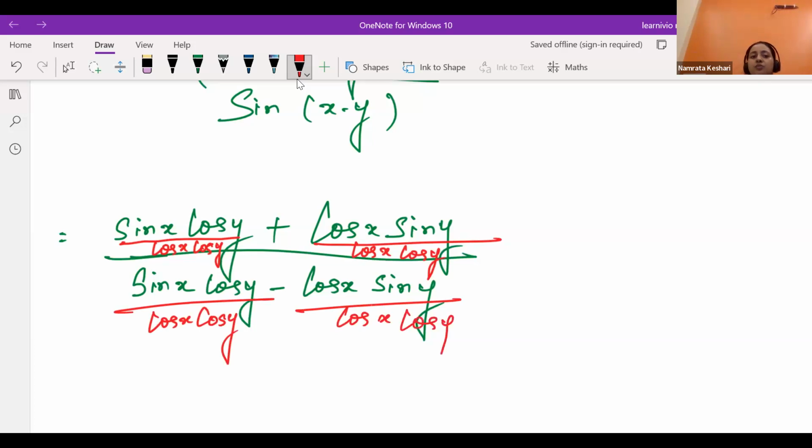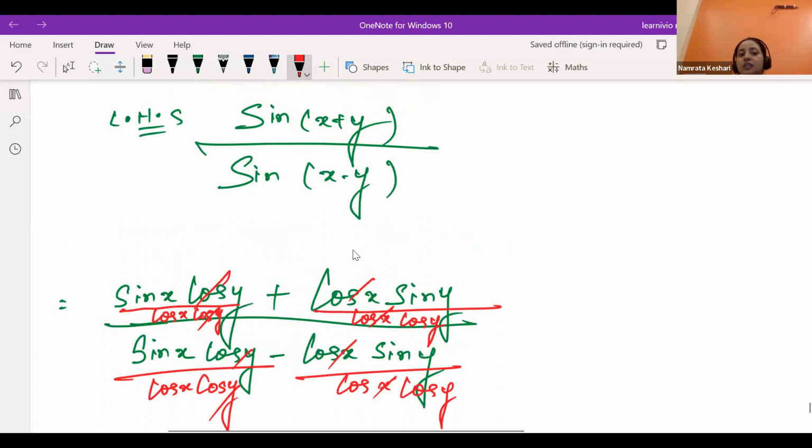Cos y gone, cos x gone. In the numerator first, let's check if we are able to create tan x plus tan y. Looks like that, yes. In the denominator, cos y tan x, and then cos x tan y.